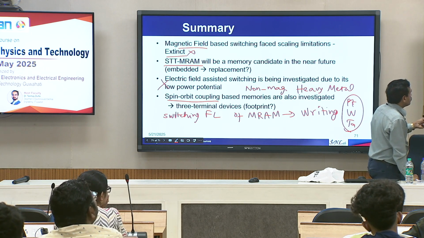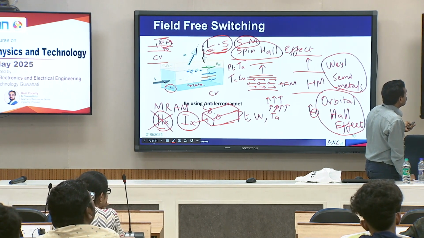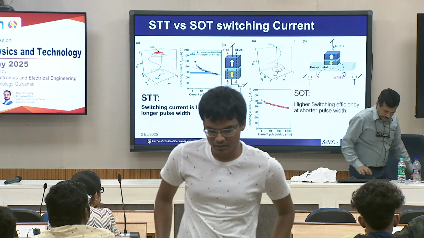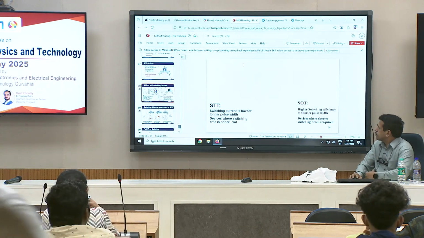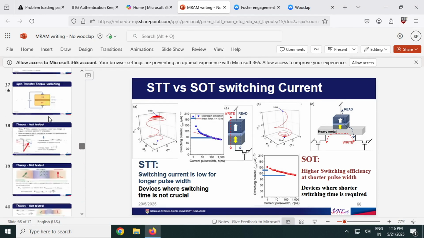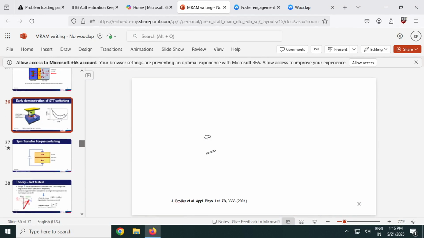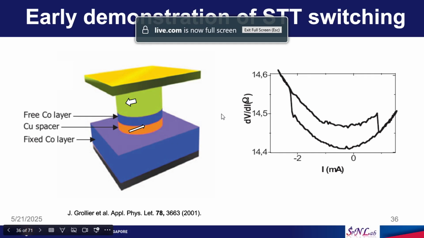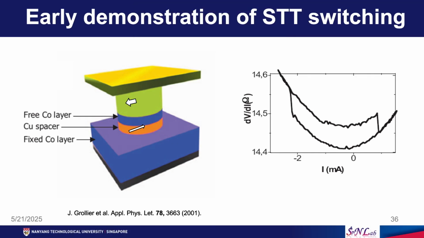Slide 36, elaborate again about resistance of parallel and anti-parallel. Okay, slide 36 is one of the earliest demonstrations of spin transfer torque switching.